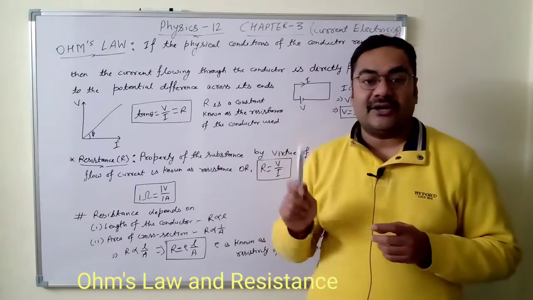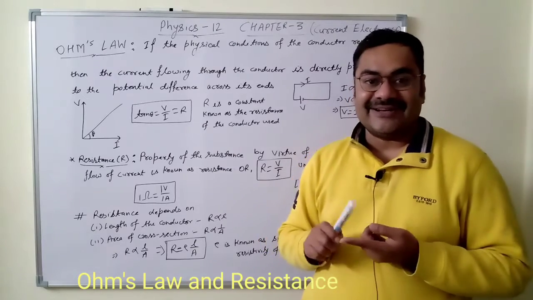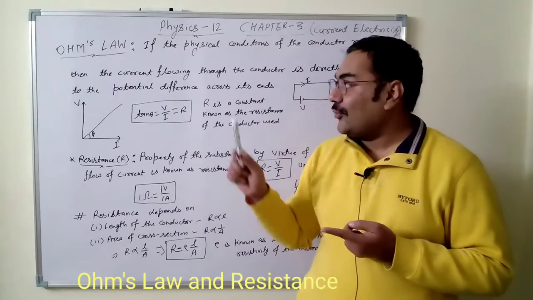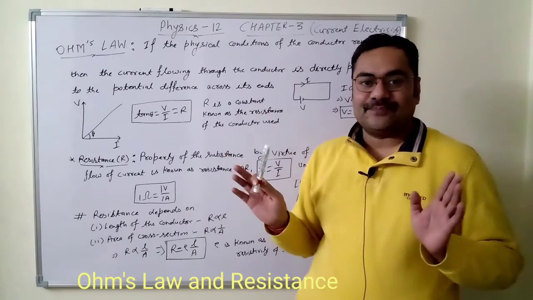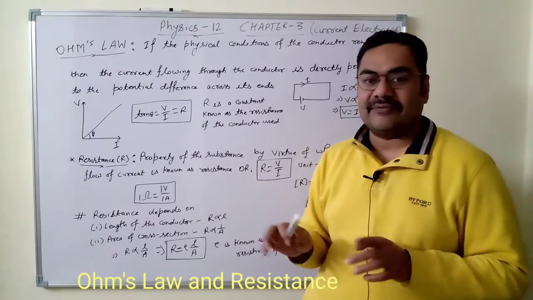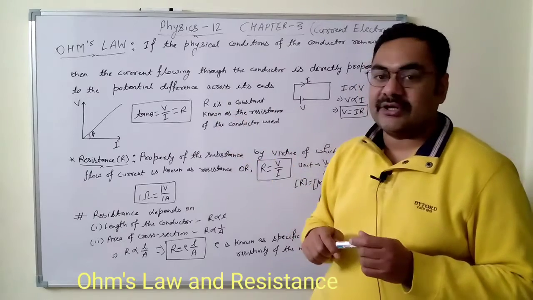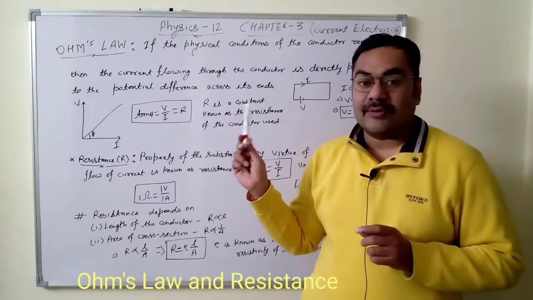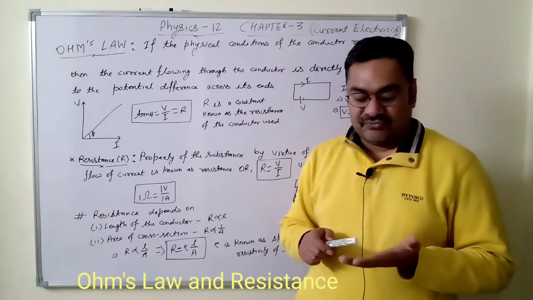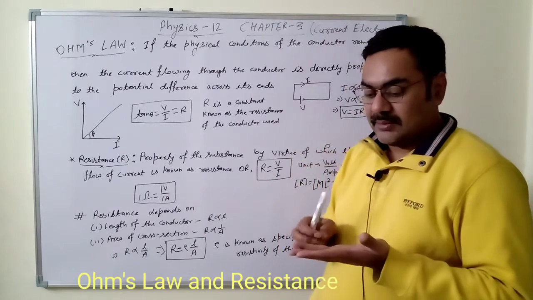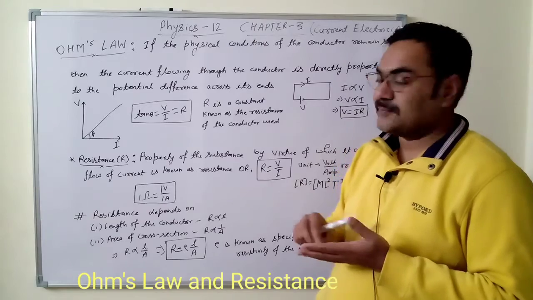This law is followed by conductors, and still all conductors don't follow this law in all conditions. There are certain conditions for everything. So this is not a universal law, but for most conductors and in natural conditions, this law is quite followed by metals.